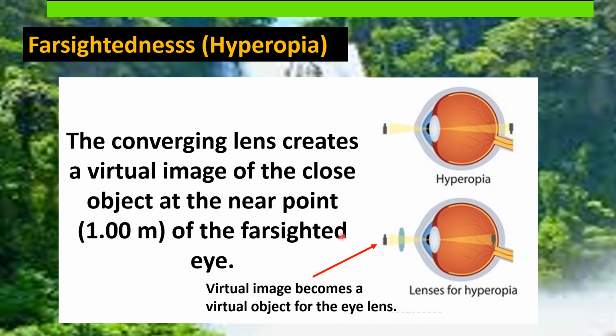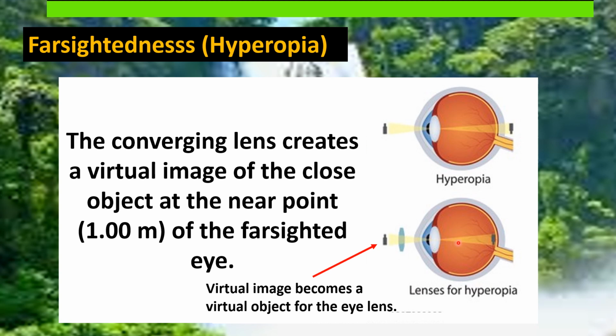So when the rays from the virtual object enter the eye, most of these rays are refracted at the cornea. The eye lens, which is always considered a converging lens, contributes only about 20 to 25% of the refraction, but its function is important.